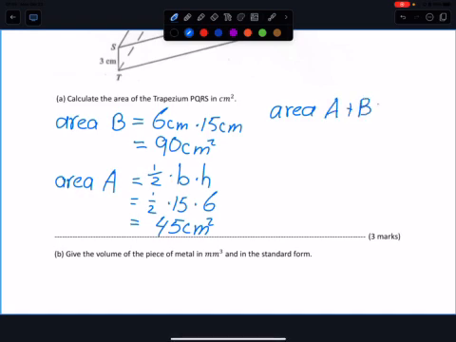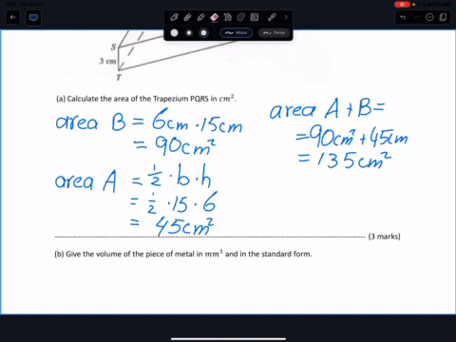Area of A and B equals 135 square centimeters. That is one way. What is the other way, which would have given you 3 points in an instant?